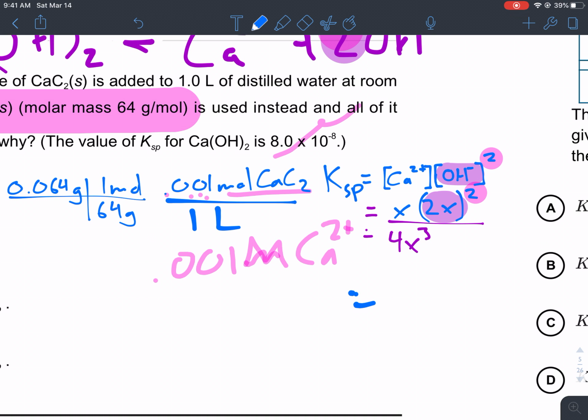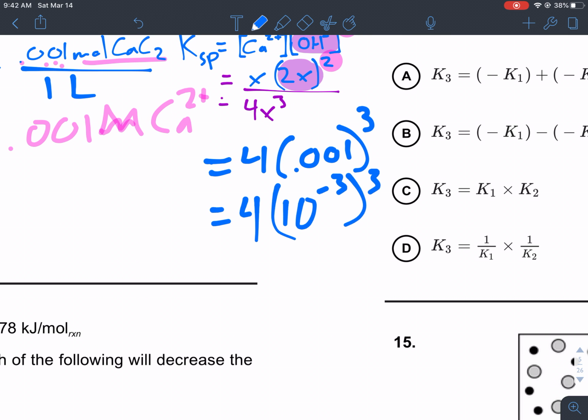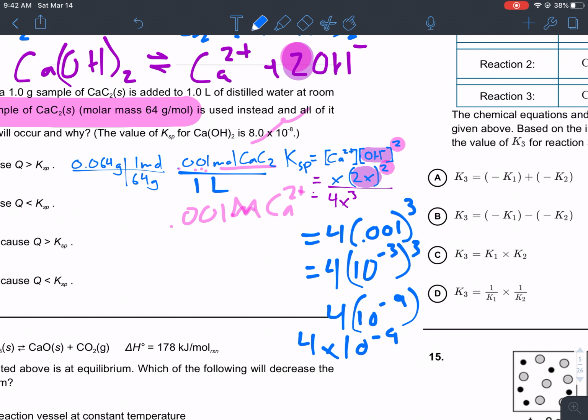So I have 4 times 0.001 cubed. I wanted to look at this a little bit nicer, so I made this 4 times (10 to the negative 3) cubed. This became 4 times 10 to the negative 9. I'm looking at that, and that's my Ksp. Or I shouldn't say Ksp, that's my Qsp.